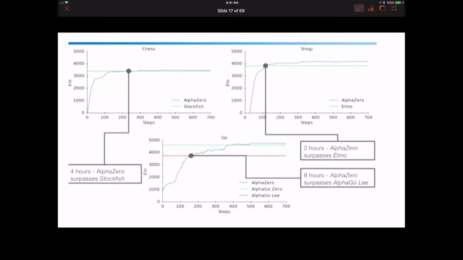So you can see that after 4 hours, AlphaZero surpassed Stockfish in chess, and after 200 steps, AlphaZero surpasses AlphaGo Lee, which is the program that won against Lee Sedol. And here is Shogi, and you can see that very quickly AlphaZero was able to match that game as well.